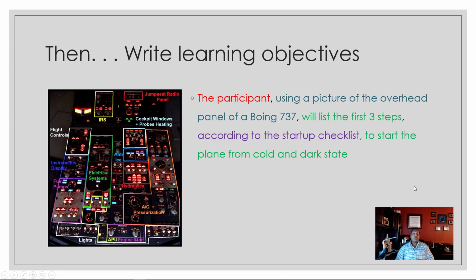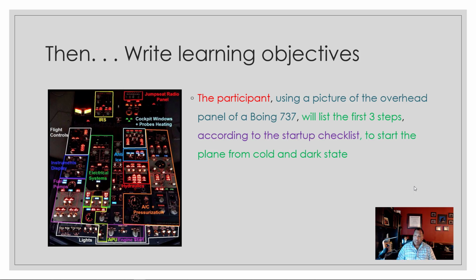Then I will move to writing my very first learning objective. Remember, the first problem was sequencing. The second problem is, hypothetically, how to start the auxiliary power unit or APU. We're not going to do that in this example, but what we will do is write the learning objective that goes with the first set of tasks that we identified are necessary in the learning solution we're going to build.